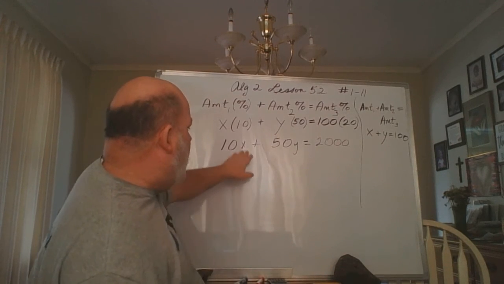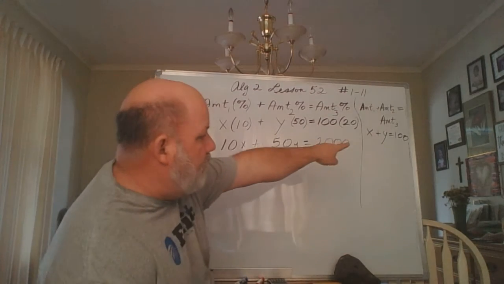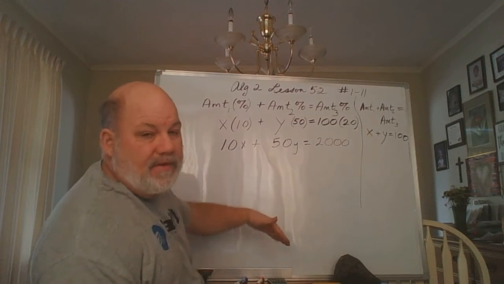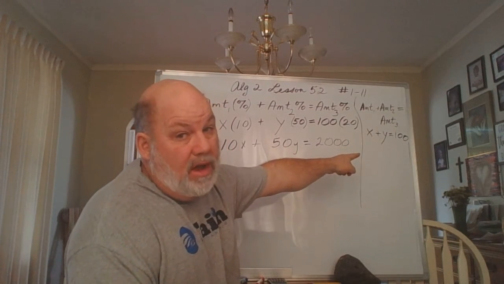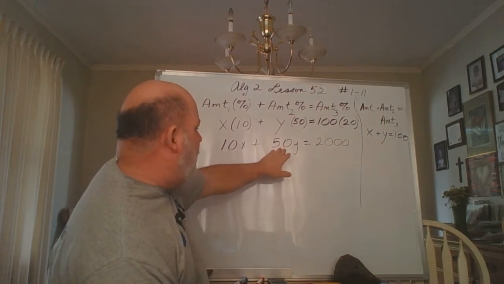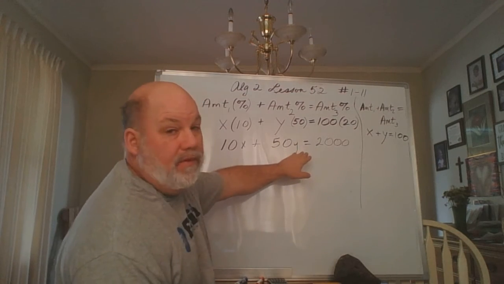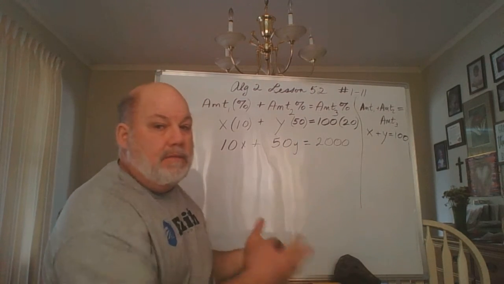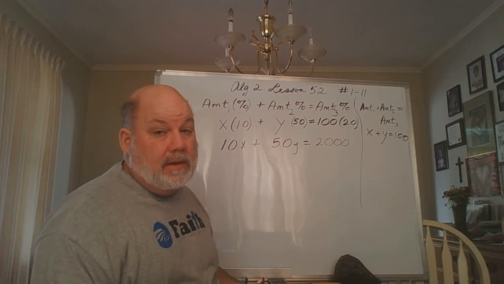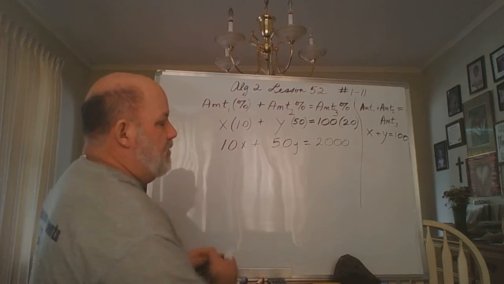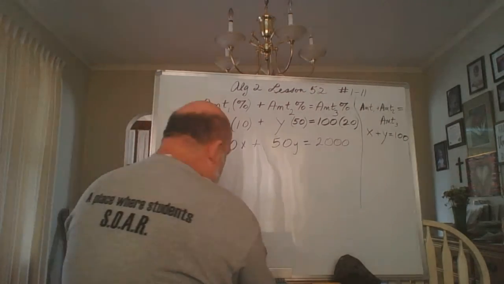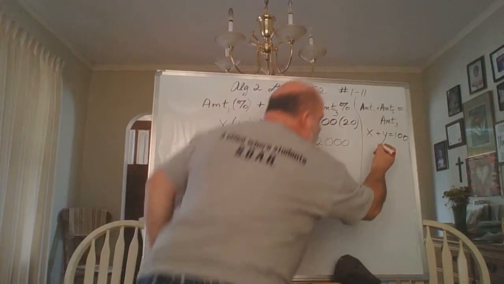So in other words, if I solve for x over there, I won't have to deal with negatives. I can solve for y if I want to, but because 50 is greater than 10 and 50 is with the y, I'll end up with negatives in my problem. They'll all work out in the end, but I won't have to fool with negatives. So let's solve for x over here in this equation.